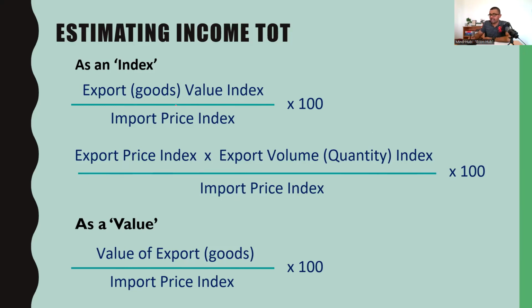Other way to get the value is price into the volume. Volume means quantity. Word sounds similar, meaning is different. Price into quantity, divided by the import price index. Then as a value, you can get this by taking the value of exports in goods terms, goods exports, not goods and services, only goods exports, divided by import price index, right? Both methods you should be familiar with, right?